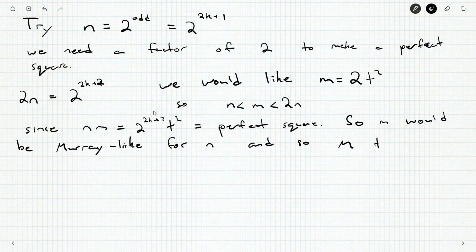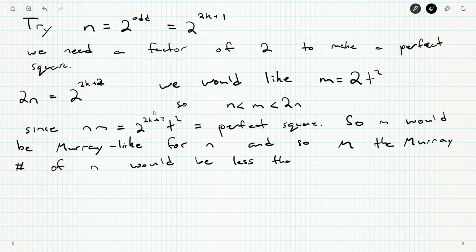And so the Murray number of n would be less than or equal to this m. So I just need to show that enough of these 2t squareds exist.